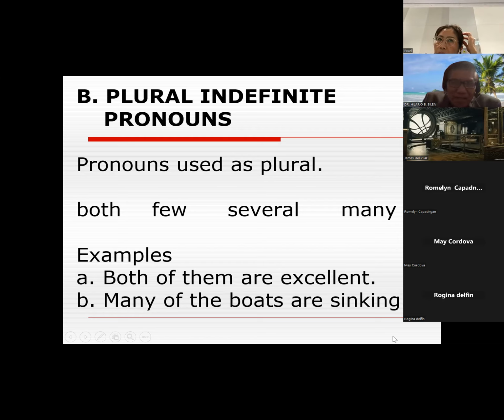But if you are upgrading yourselves, planning to take up the master's or doctoral degree course, you will become a professor, not in high school but in college. I'm hoping that by next sem, if God permits, I'll be teaching in Centro Escolar University.